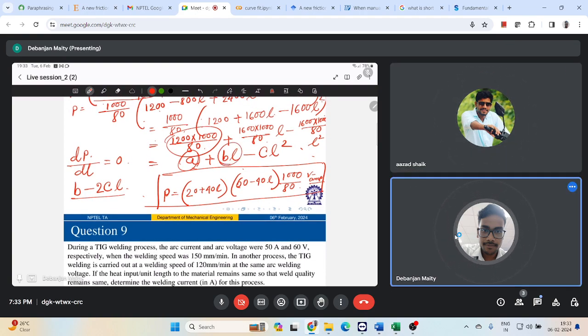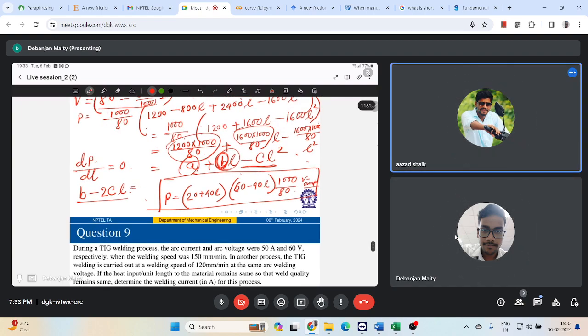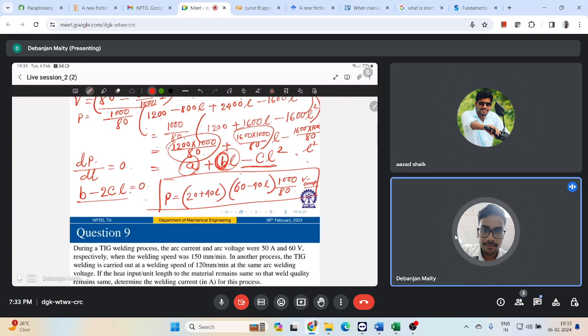The derivative with respect to L will be this one, B. The derivative of CL square is 2CL. So you need to equate that with 0 and then get the value of L.